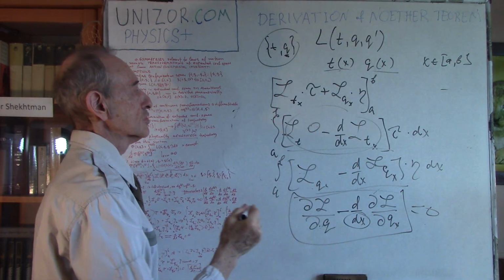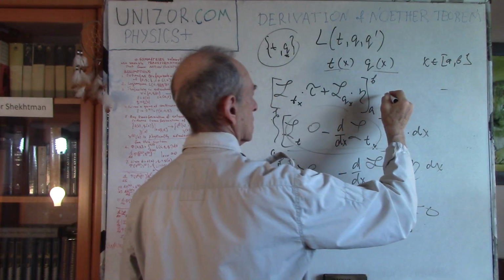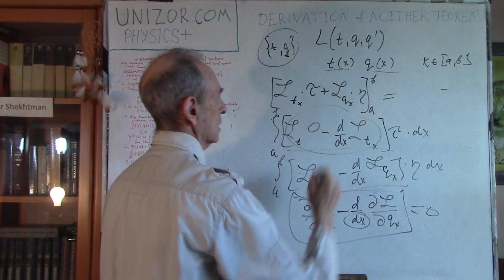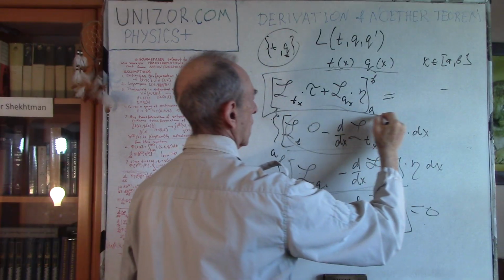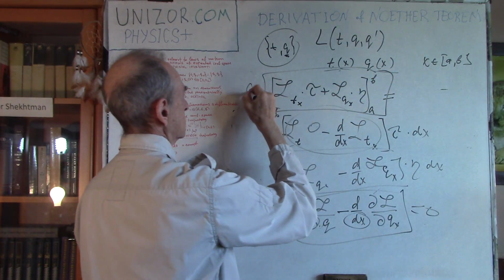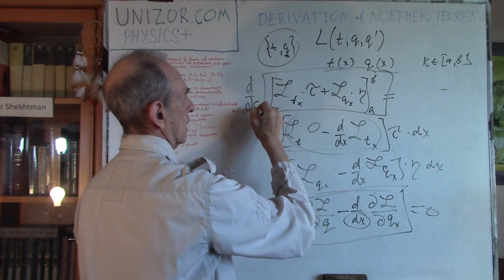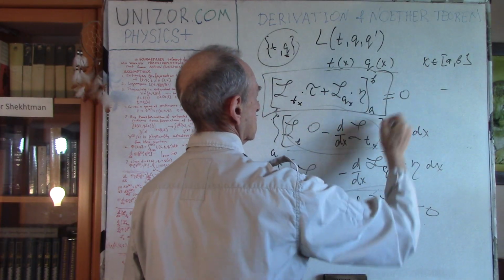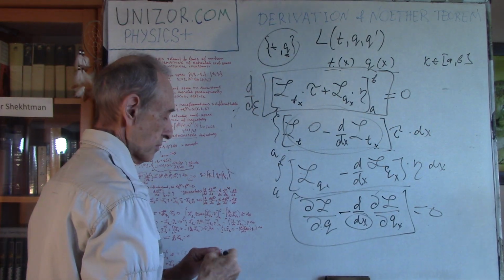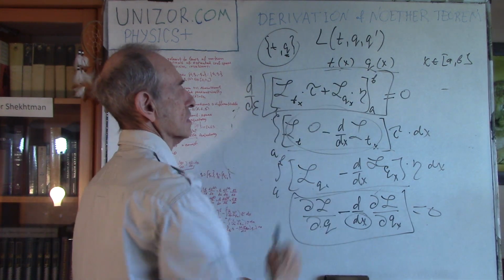And the only thing which remains is that this d by d epsilon is equal to 0. So my transformation does not change this.